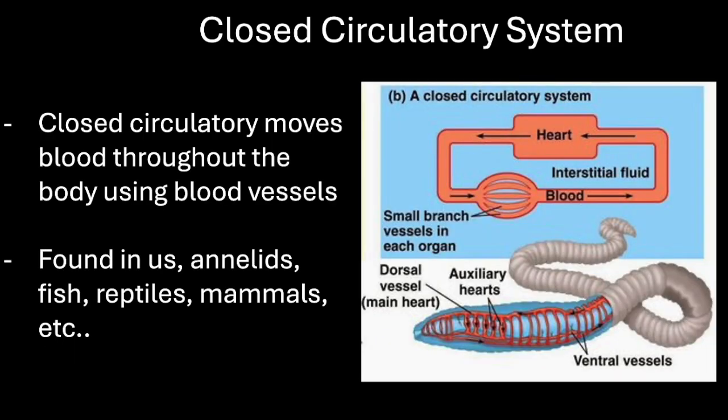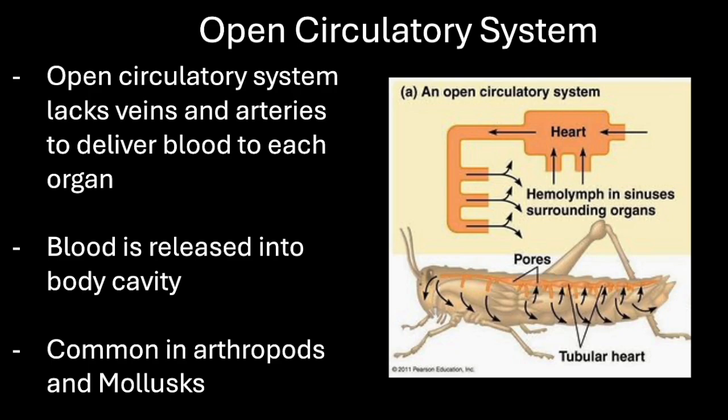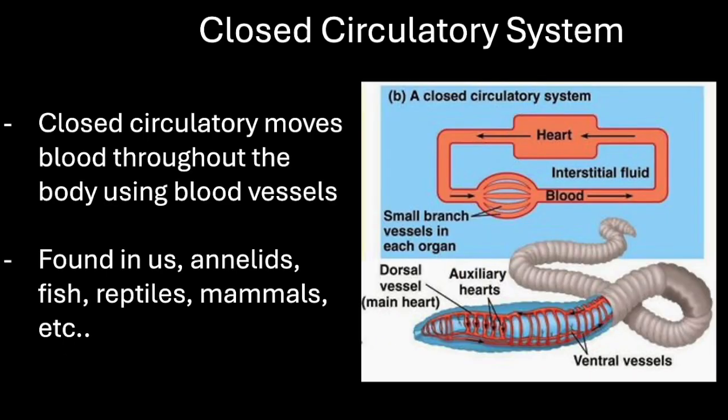Closed circulatory systems, on the other hand, have veins and arteries that move blood through specific paths to distribute blood throughout the rest of the body. We're a solid example of having a closed circulatory system, as well as annelids, fish, reptiles, and mammals. So these are pretty widespread and a bit more complex. The open system is more simple: you're having a heart pump blood into a body cavity versus individual veins and arteries sending these fluids throughout the body.